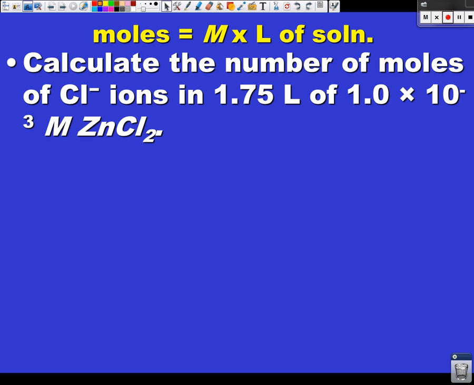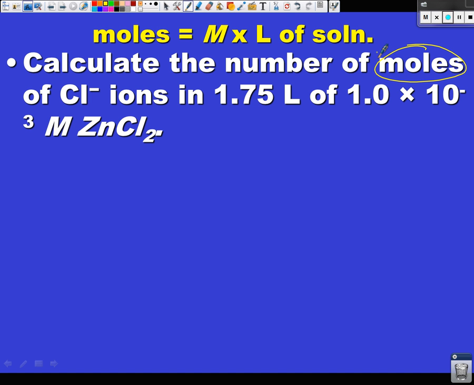Now, there's a problem. What's the question? What are we looking for? Moles of what? Moles of the chloride ion. Now, there is a hint at the top.